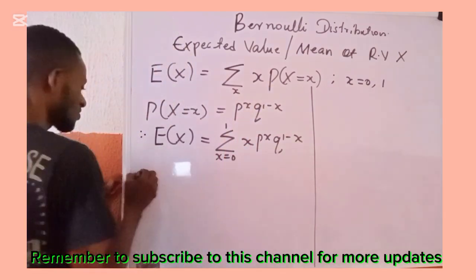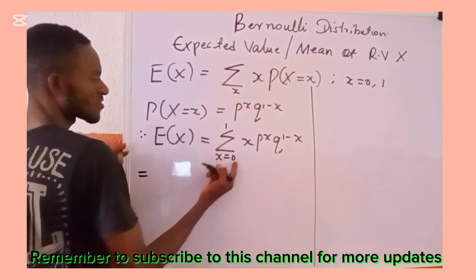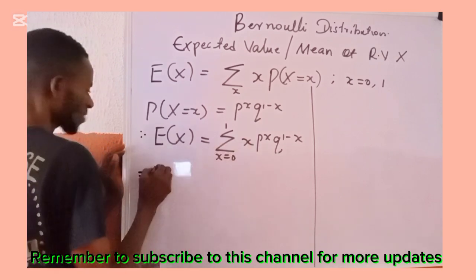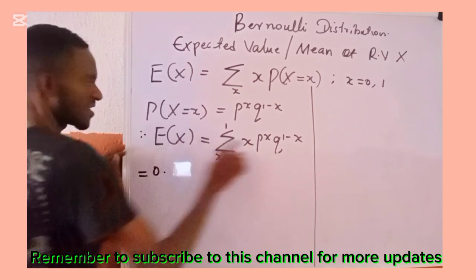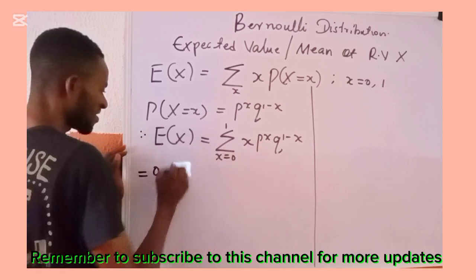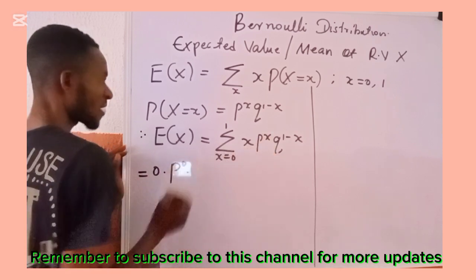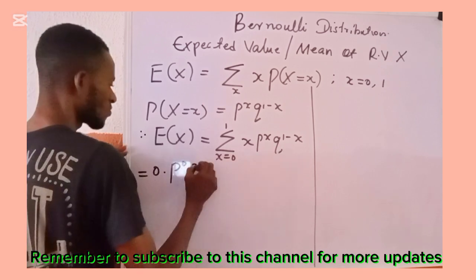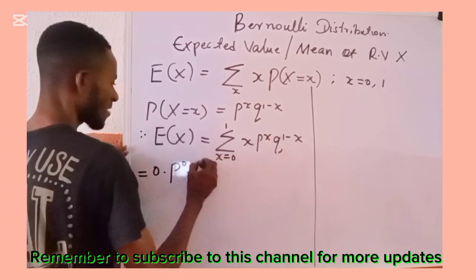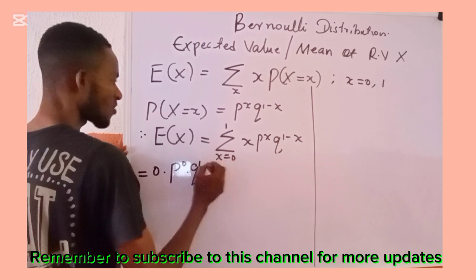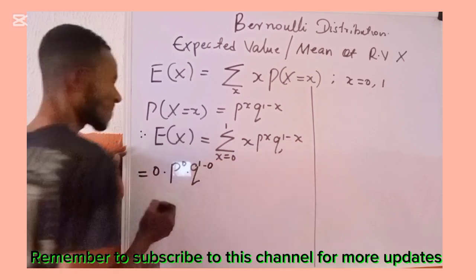So let us go. When x becomes 0, I have 0 multiplied by p, here is x, and x is 0, so raised to the power 0, multiplied by q, and here is 1 minus x, where x is taking up 0, so 1 minus 0.